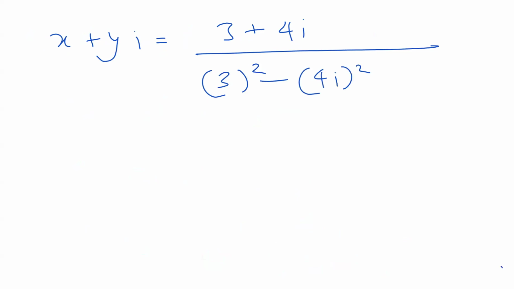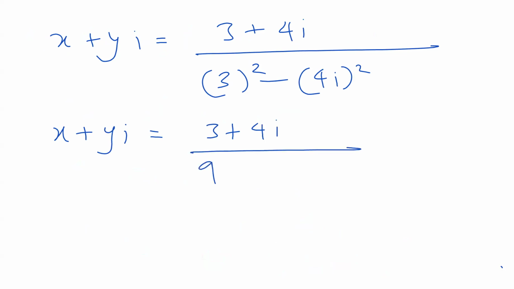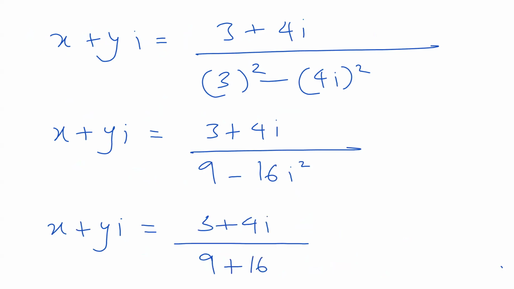So x plus yi is 3 plus 4i over 9 minus 16 i square, which is 9 plus 16, since i square is minus 1 and minus 1 into 16 is minus 16, and minus 16 into minus 1 is plus 16.